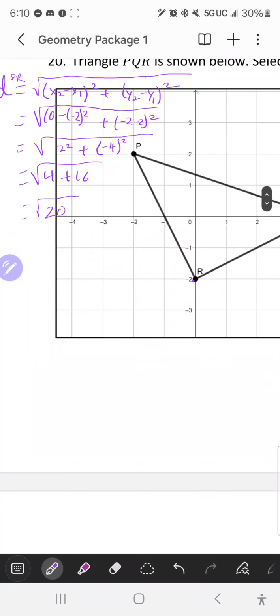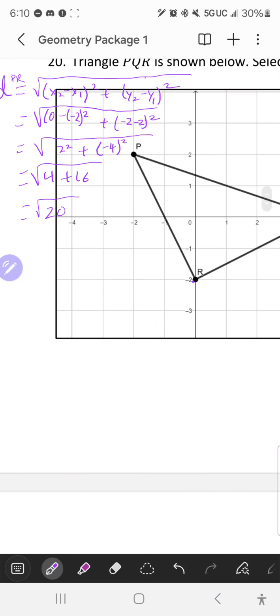Now for PQ, we use the same distance formula. We already have it there, so I'm just going to substitute the values right away. So this is PQ.